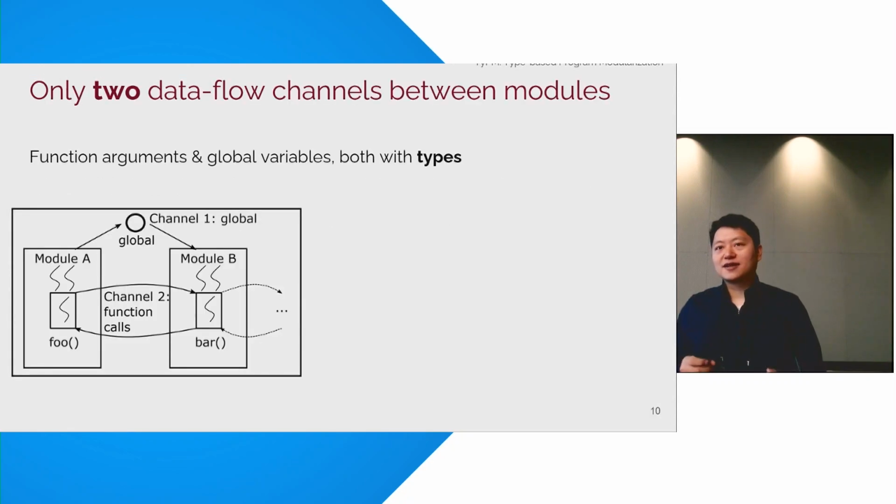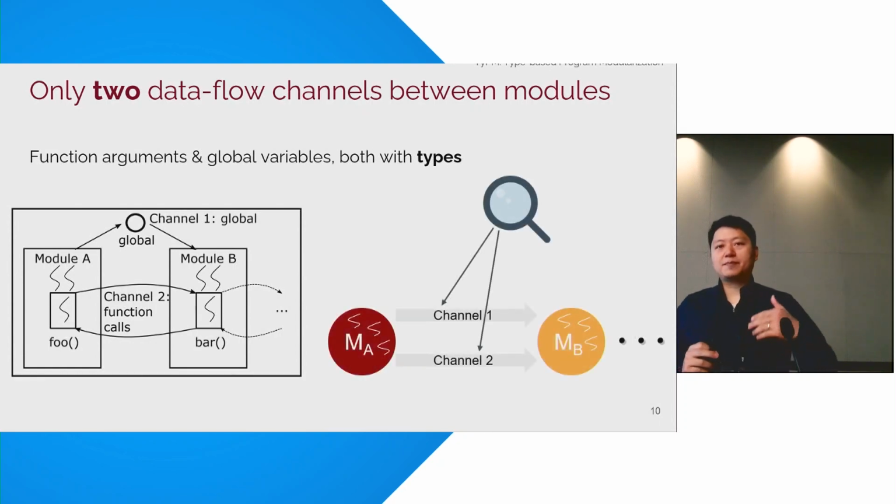In fact, there are only two data flow channels between modules to pass data. How can one module pass data to another module? There are only two ways. First, they can make a function call. A module can make a function call and pass the data through the function argument. Or one module can store the data to a global variable first, and the other module can load the data from the global variable.